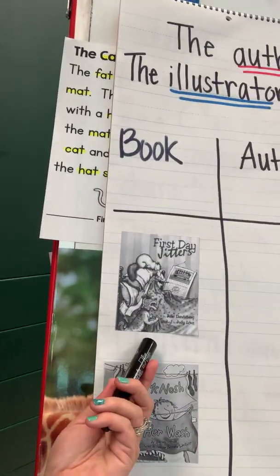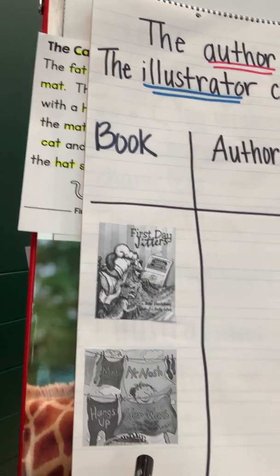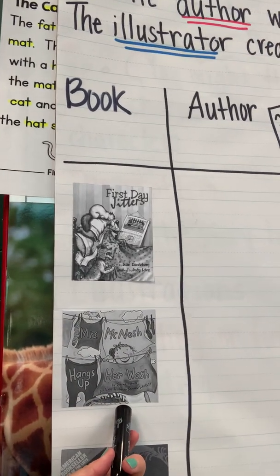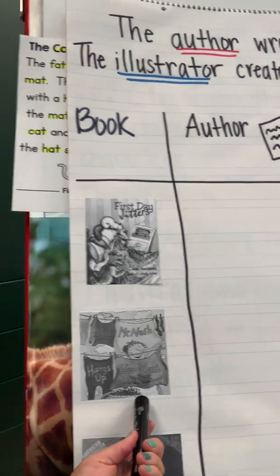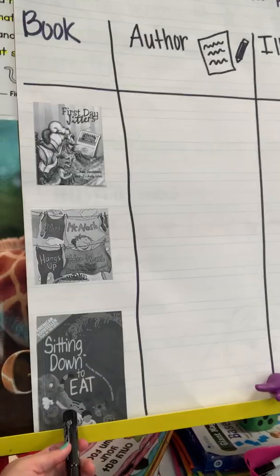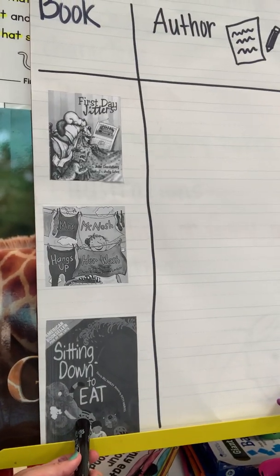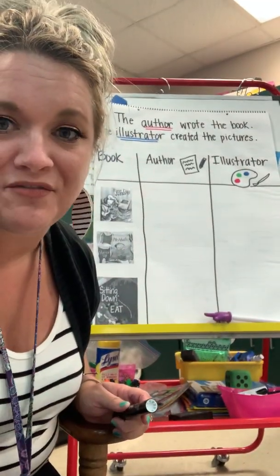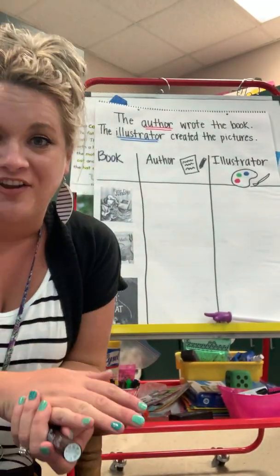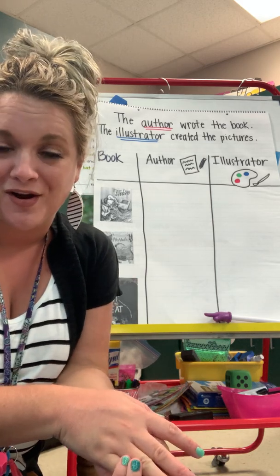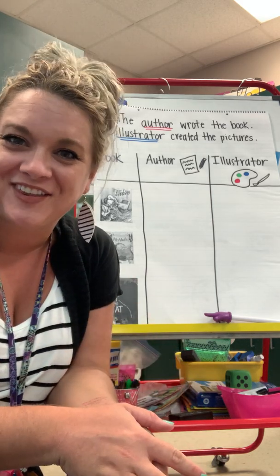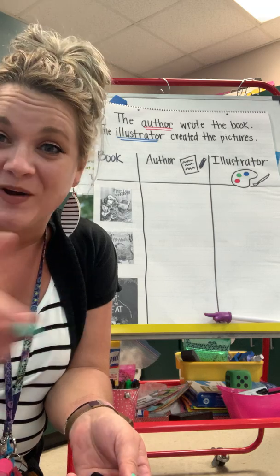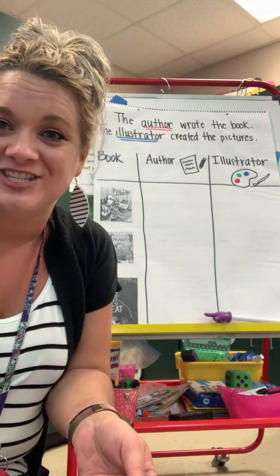So we've read First Day Jitters, we've read Mrs. McNosh Hangs Up Her Wash last week, and we've also read Sitting Down to Eat. So we're going to revisit those books today and find who the author is and who the illustrator is for those books. So the first one is First Day Jitters.